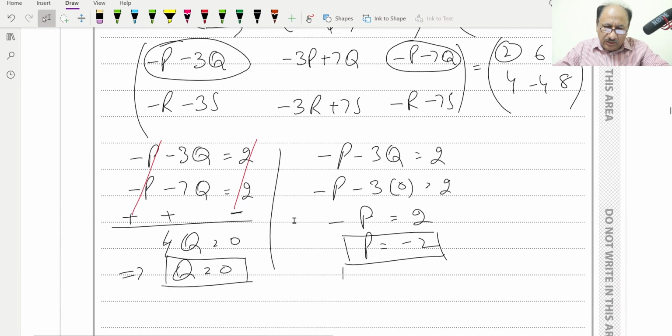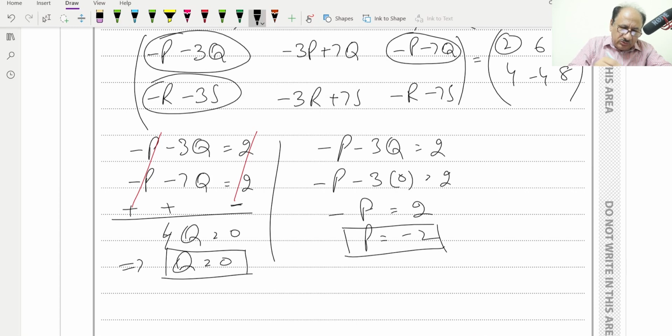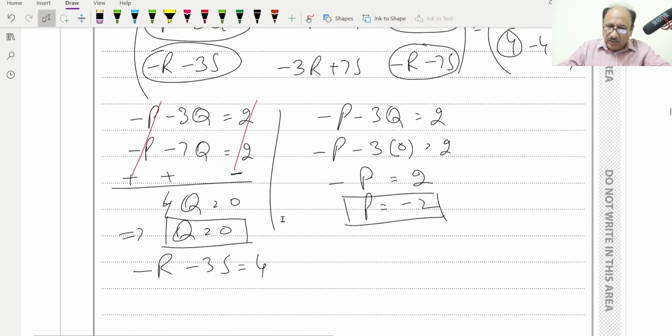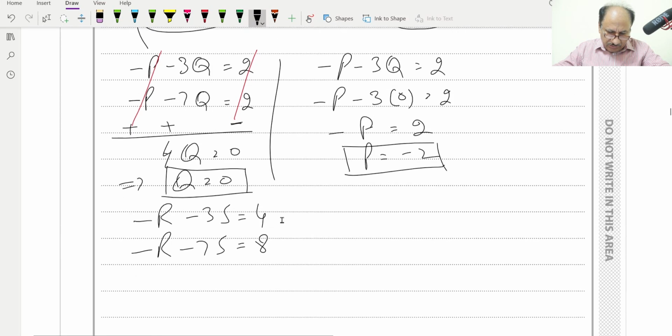Now we need r and s value, so we can choose two equations. I'm choosing this one, minus r minus 3s is equal to 4, and the second equation I will choose this one, and I will compare this with 8. Earlier I have compared with 4, so now this will be minus r minus 7s is equal to 8, and we can simplify this.